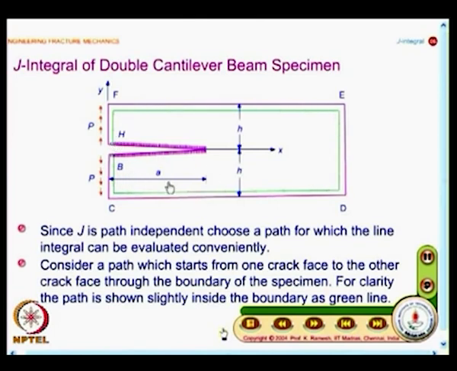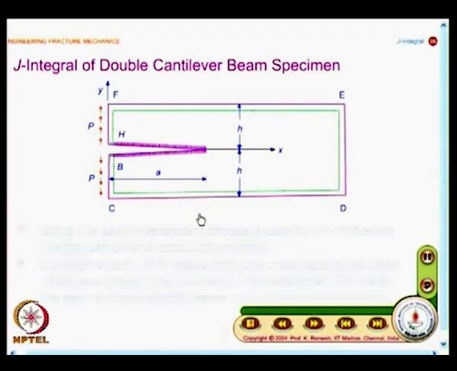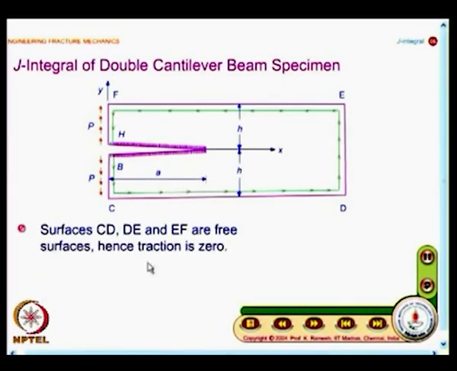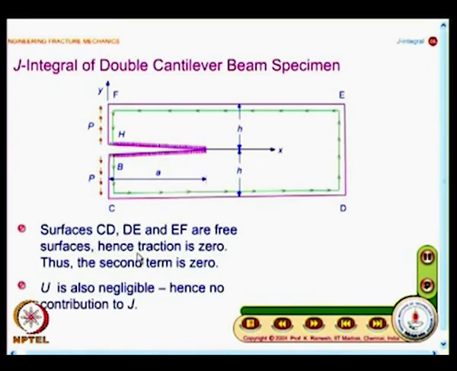See, even before we look at the discussion, you can easily say that whatever happens on the faces CD, DE and EF, the line integral will go to 0. We have to calculate the line integral only for the segments FH and BC. I have already given you the reason that you are looking at a free surface, we would formalize it. Surfaces CD, DE and EF are free surfaces, hence traction is 0, thus the second term is 0, and the second term we have already seen in an expanded form.